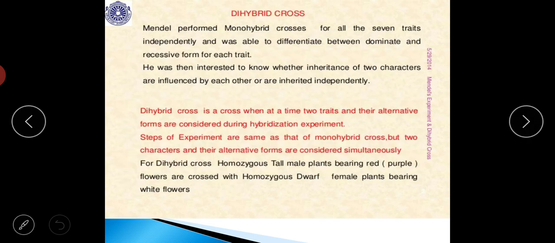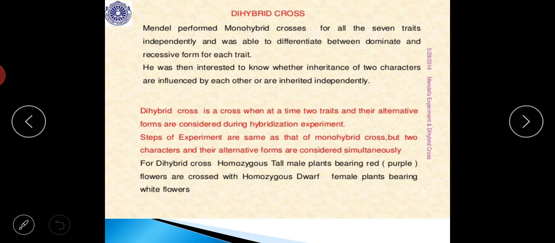Dihybrid cross. Mendel performed monohybrid crosses for all the 7 traits independently and was able to differentiate between dominant and recessive forms for each trait. So he was then interested to know whether the inheritance of two characters is influenced by each other or inherited independently. A dihybrid cross is a cross when two traits and their alternative forms are considered at a time during a hybridization experiment.